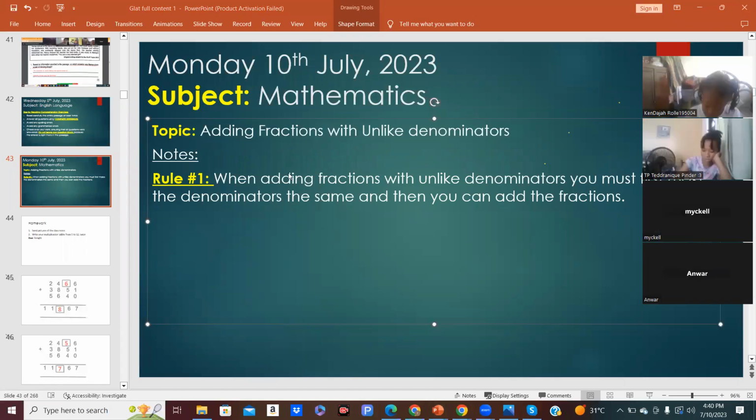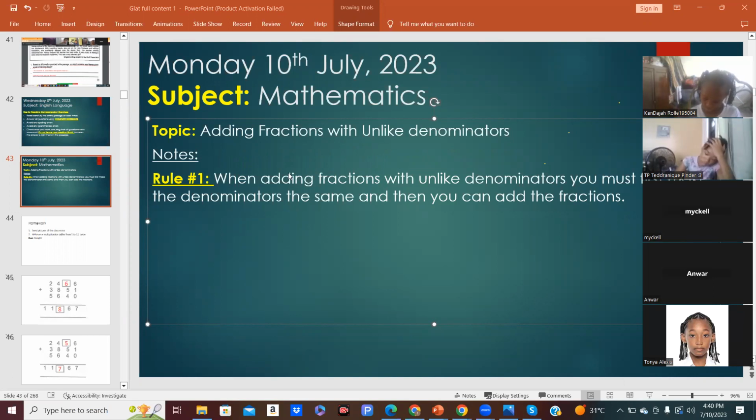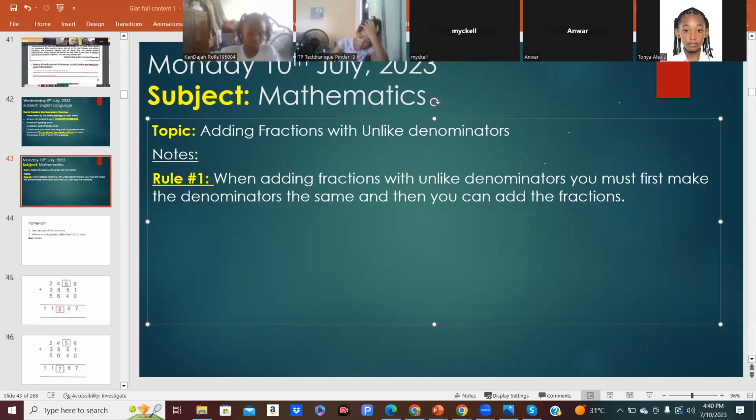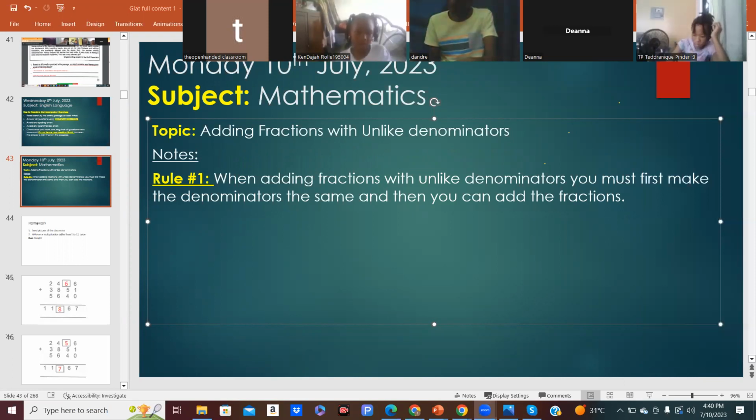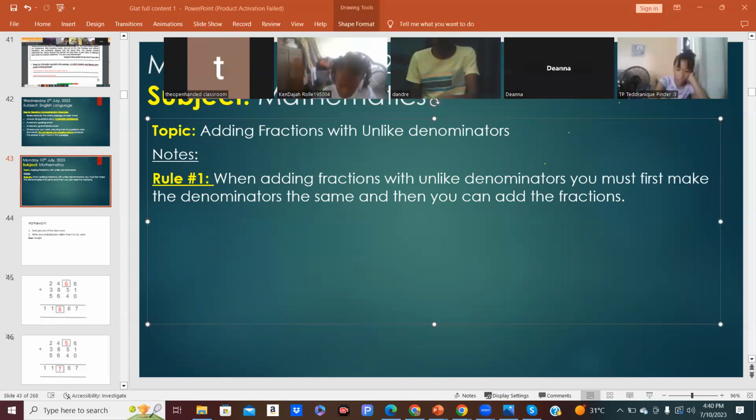Now, how are we going to make the denominators the same? We have to do what? Anyone knows? Yes, Candasia? You are going to have to multiply. We have to multiply, very good. So we have to find the lowest common multiple first, and then we can make them the same.